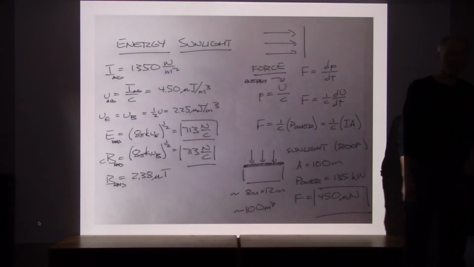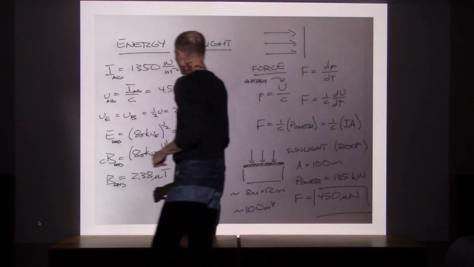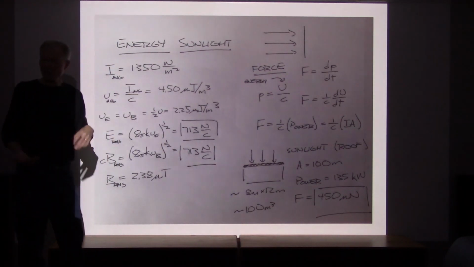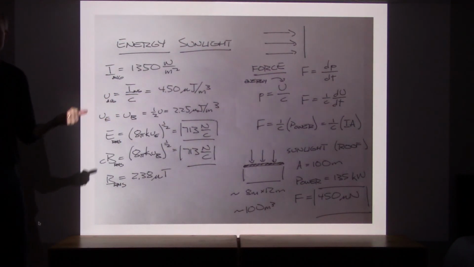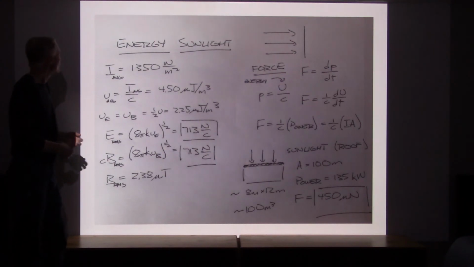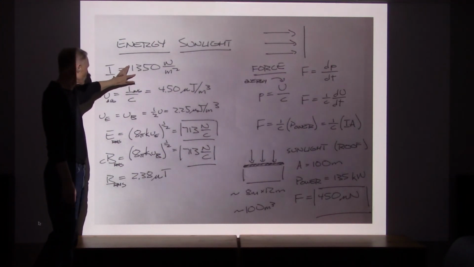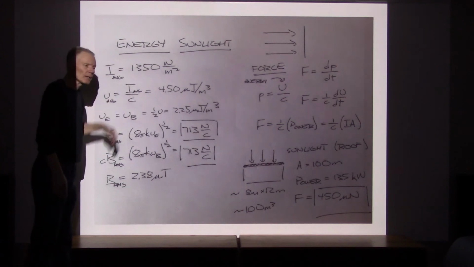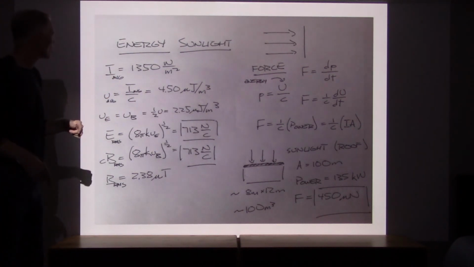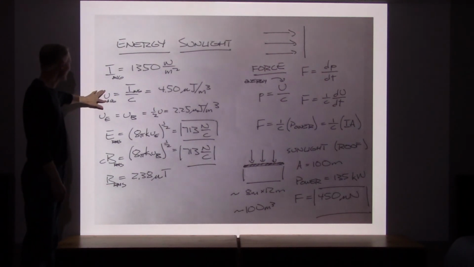So here's the energy in sunlight, and we're going to start off with their 1,350 watts per square meter. They are calling this S, or Poynting vector, but we're just going to call it intensity, because that's what it's been in every other chapter in the book. So here's an intensity of light, and that's what's given in the problem. And then we can just step through the formulas that we just outlined. So I can come up with an energy density by taking the intensity and dividing through by c.